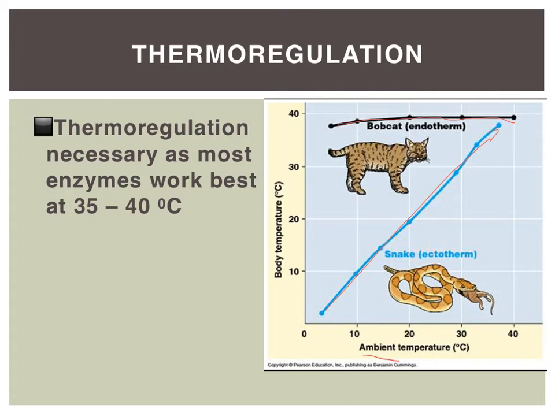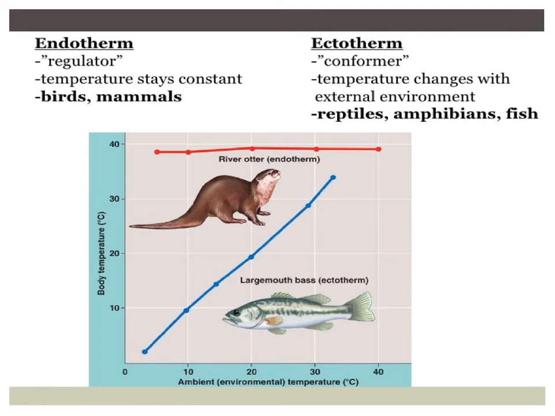So it's just maintaining that body temperature at the level that is required. And here's another example where you've got your fish ectotherm, and again, its body temperature changes with the temperature round about it, whereas your river otter is an endotherm. It regulates its body temperature to keep it relatively constant.